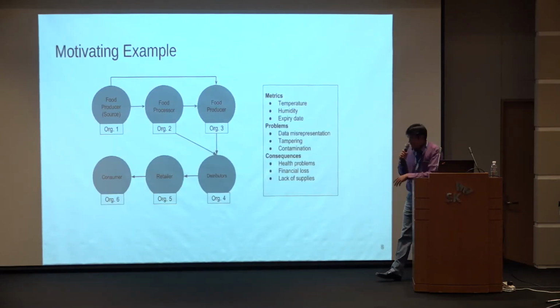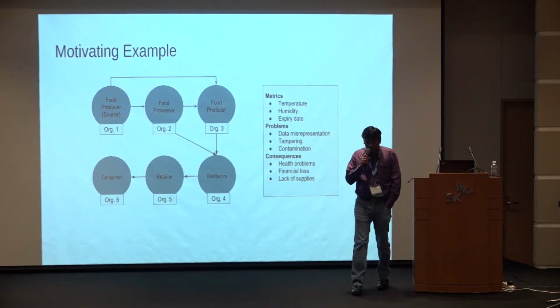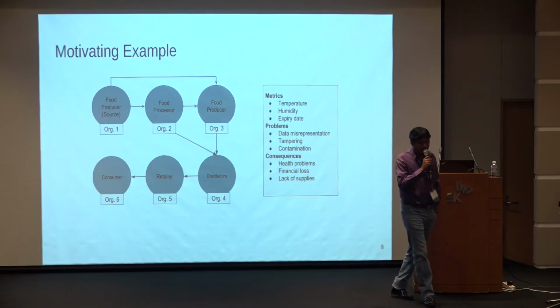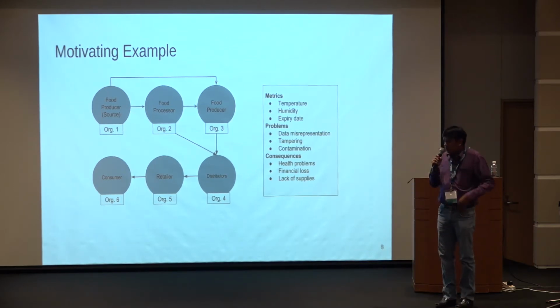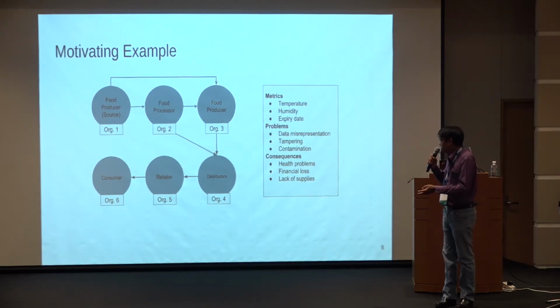For example, here I have an application which again comes from the supply chain domain, where you have the food producer at one end and the consumer at the other end. The food products typically move through multiple stakeholders' infrastructure, which includes storage units and processing units and whatnot.